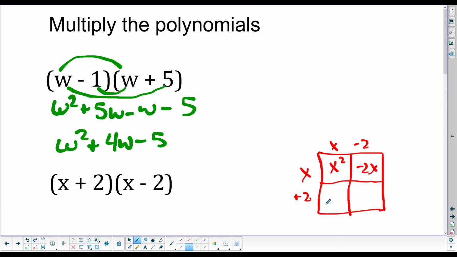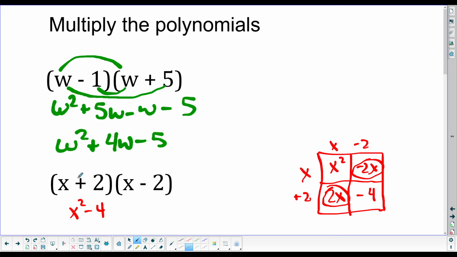X times 2 gives me positive 2x, and then negative 4. I'll combine my like terms, and I see that I've got like terms here and here, and when I combine those they actually cancel out. So 2x minus 2x gives me 0. All I'm left with is the first term and the last term. So I get x squared minus 4.